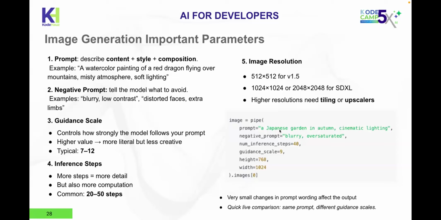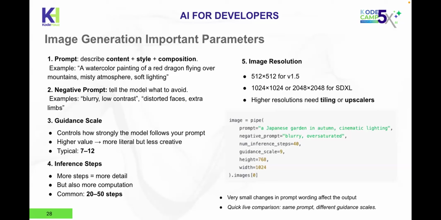So this is an example of a prompt that you would give: a Japanese garden in autumn, cinematic lighting. So you can still see that content and composition. There's no style here, so it could decide to take realistic. Then you have a negative prompt that says blurry or oversaturated, which is what the model should avoid. Okay, so when you say blurry, oversaturated, that means you're telling the model don't do blurry and don't do oversaturated.